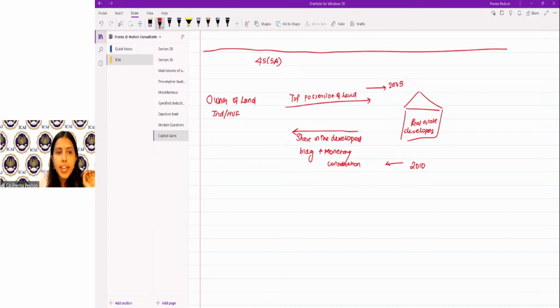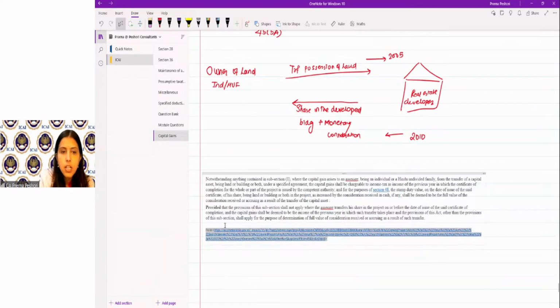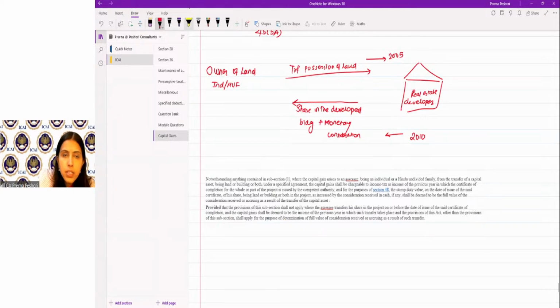So notwithstanding section 45(1), I've written 45(5) here for your reference, it overrides the general charge 45(1), where the capital gain arises to any assessee being an individual or HUF from the transfer of a capital asset being land or building or both under a specified agreement.